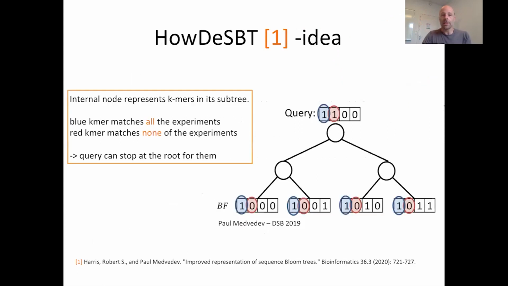Our DSBT is an improvement of this idea. So we also look, for instance, at the blue kmer. This blue kmer occurs in all the Bloom filters that are stored in the leaves.